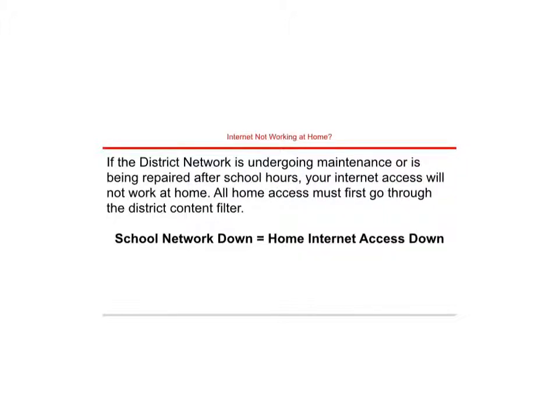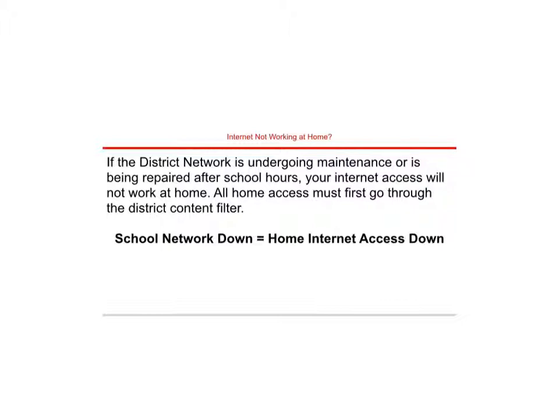This probably is the most important slide to all of you. A lot of people have gone home and have discovered that while their internet service is up, they're still not able to get out on the internet. And this is because of what's going on at the district. The district network has to be up and running, even when you're not here at school, in order for you to get internet access at home.